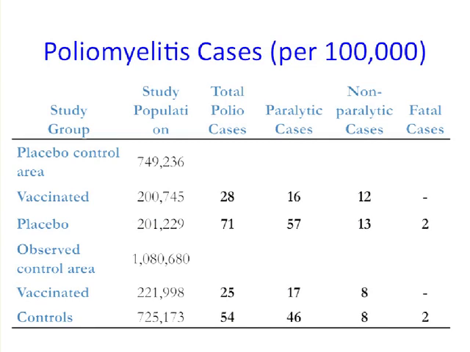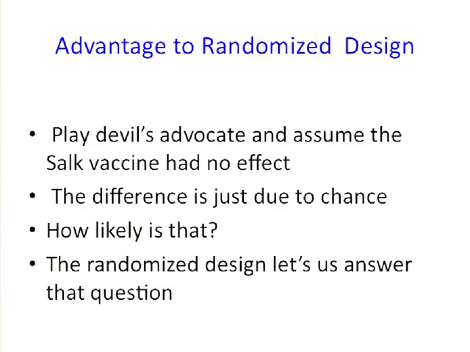But even still, there's another question here, and that is that you could play devil's advocate and say, well, let's just assume that the Salk vaccine actually is not effective at all, and that the kids who got polio would have gotten polio anyway, whether or not they got the salt solution or the actual vaccine.